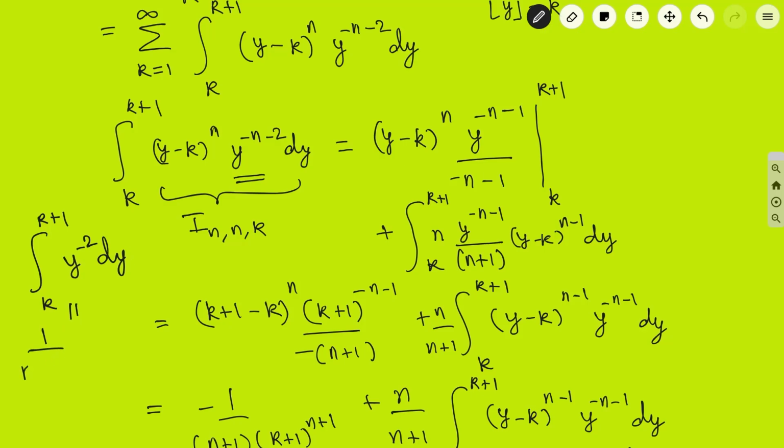This is something like, or maybe there's a minus sign, so minus 1 by k plus 1, right? This is what you get. And so that's basically your I_{0,0,k}.